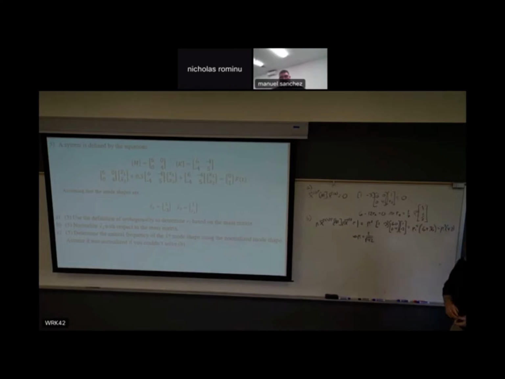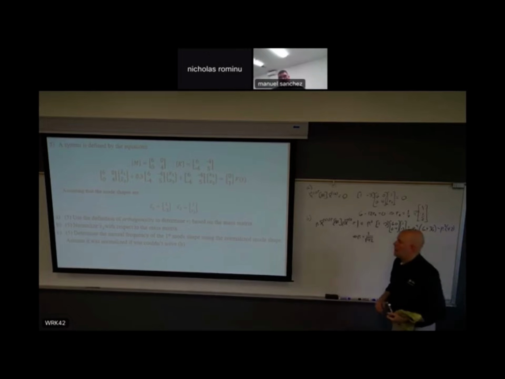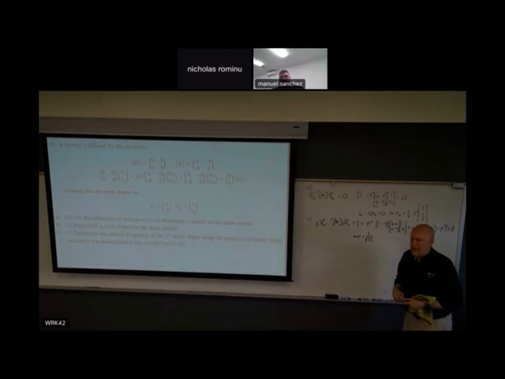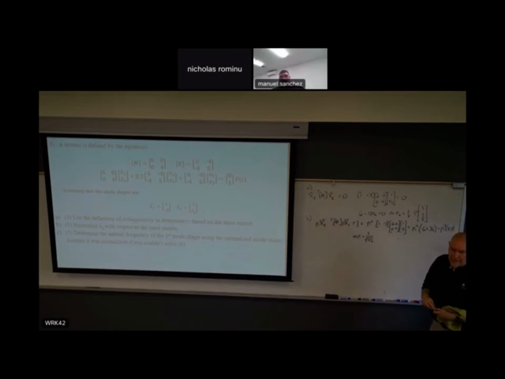Is the superscript 1 in parentheses different than just the subscript? Yes, it's the same. So the book did superscript parentheses.